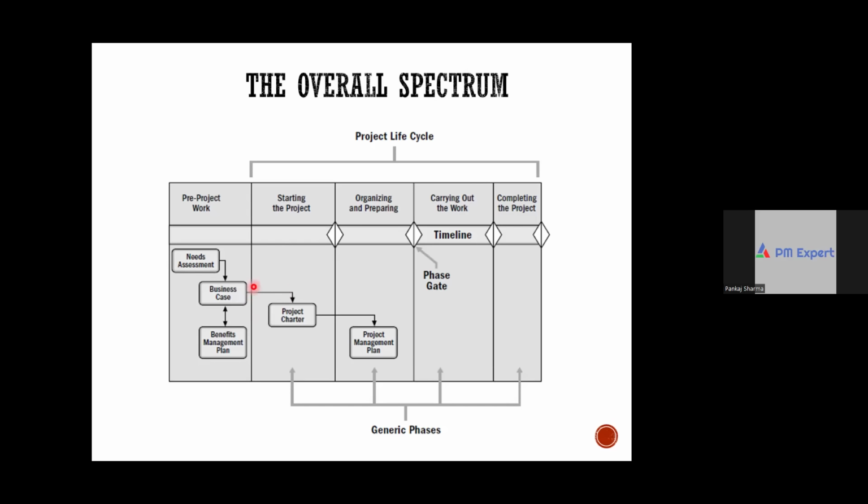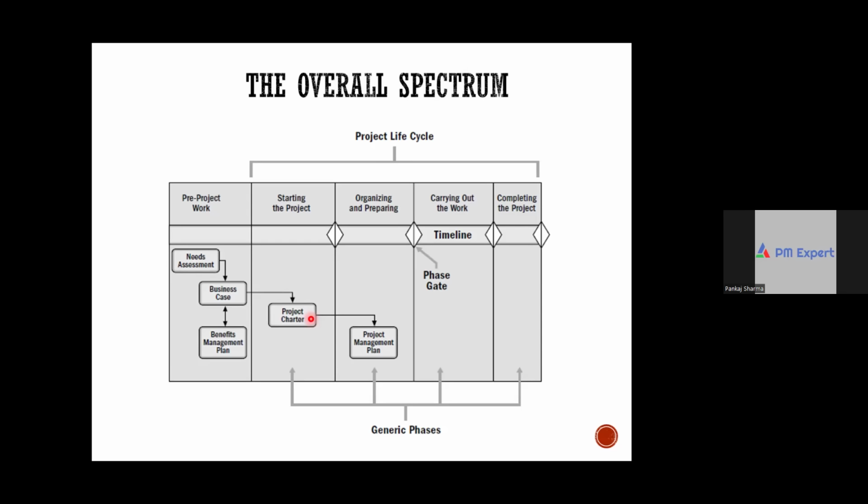Now, once the business case is approved, you will create another document which is called the project charter. Now, the project charter is a document that defines the project. It is more like a high-level plan. In the project charter, you will have various components such as high-level requirements, high-level scope of the project, high-level milestones, the high-level budget, the project approval criteria, and the project exit criteria.